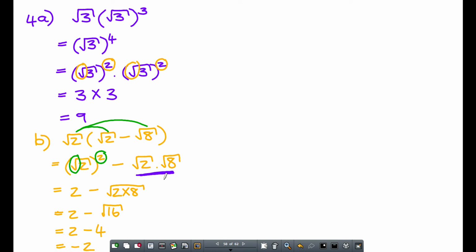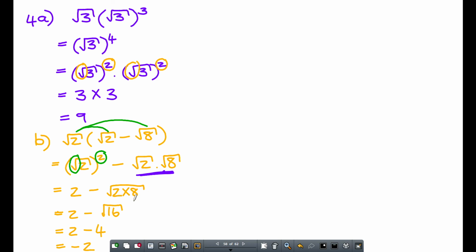Now I said that when we have two roots which are both the same type of root, meaning these are both square roots, and I have square root 2 times square root 8, I can actually put those two under one root and say 2 times 8.